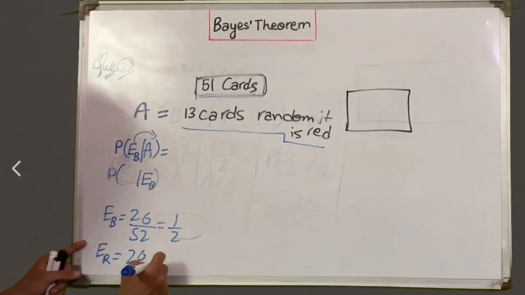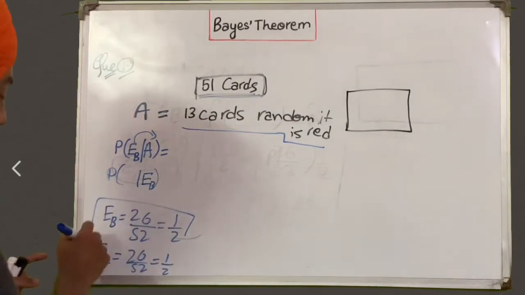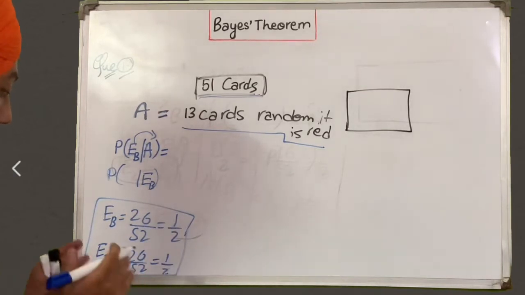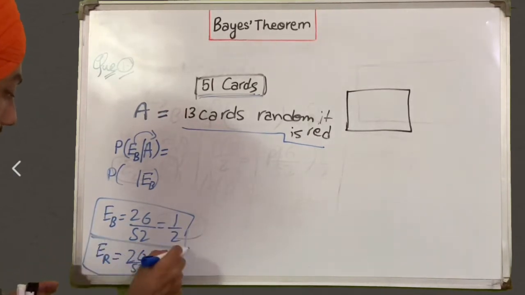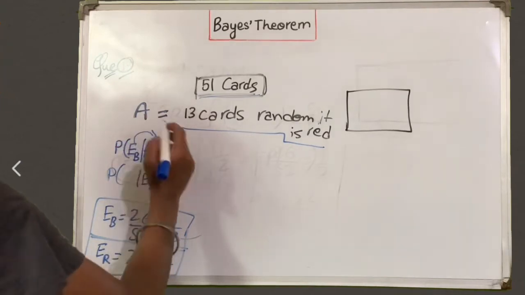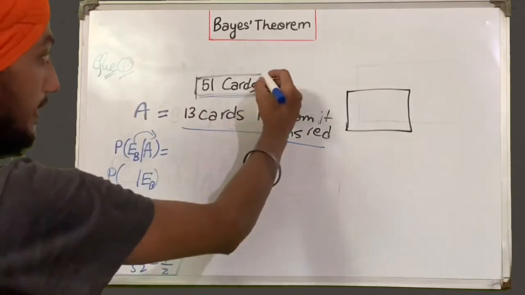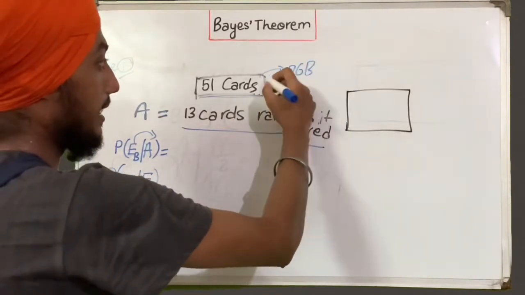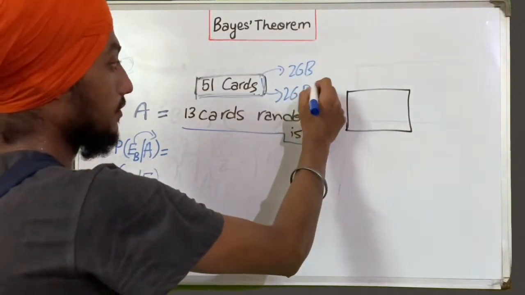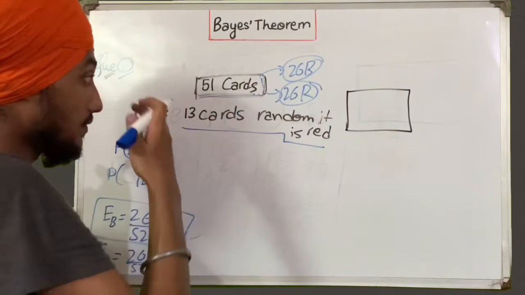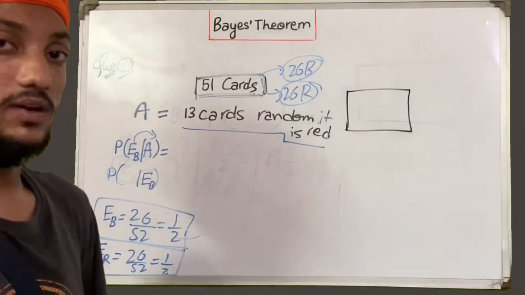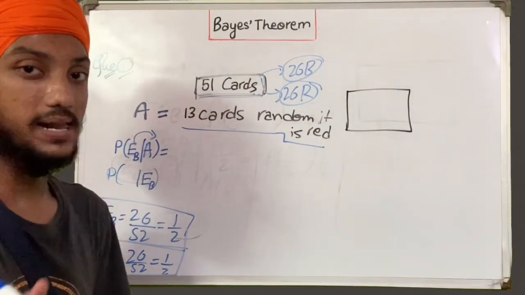So that should be 1 by 2. These denote, first of all, the probability of a black card and a red card. But we have 51 cards and 1 is lost. And what's the probability that it is a black card?